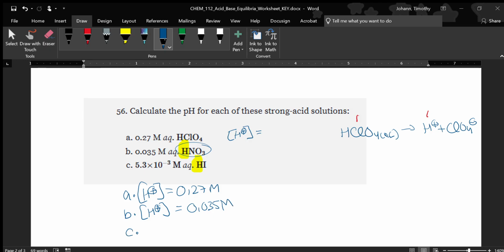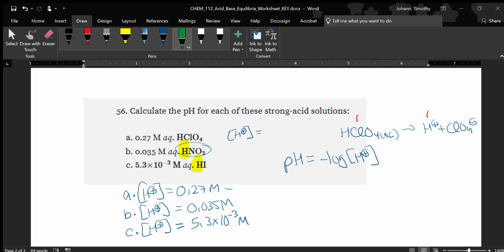C is going to be equal to 5.3 times 10 to the negative 3 molar. And if you remember, our equation for pH is negative log of H plus concentration. So what I can do is I can either put this here, or that there, or that there.